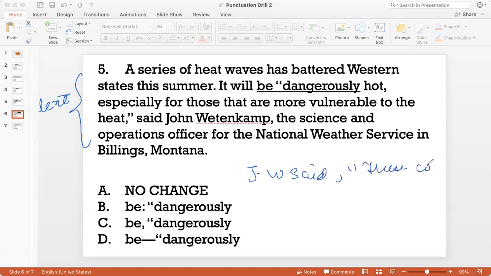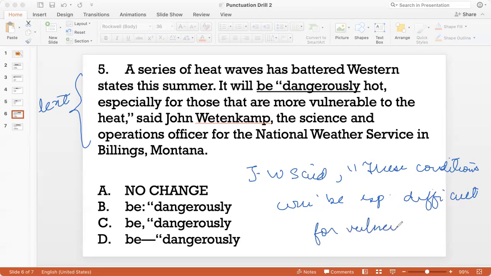"these conditions will be especially difficult for vulnerable populations."